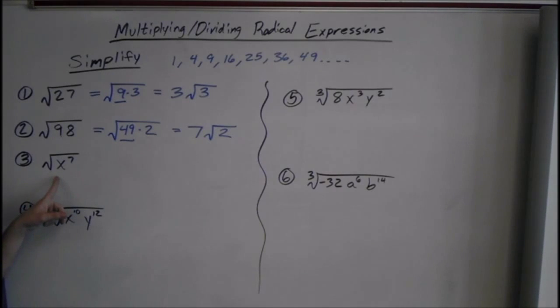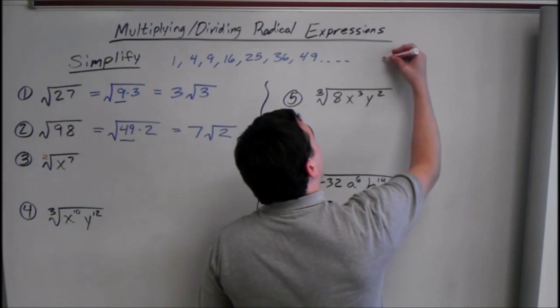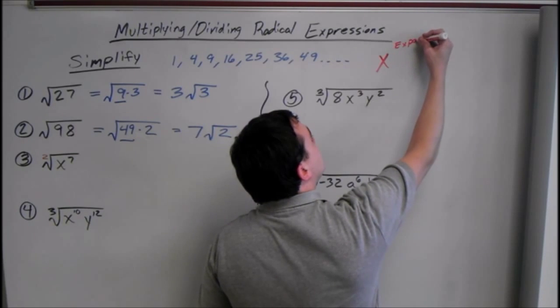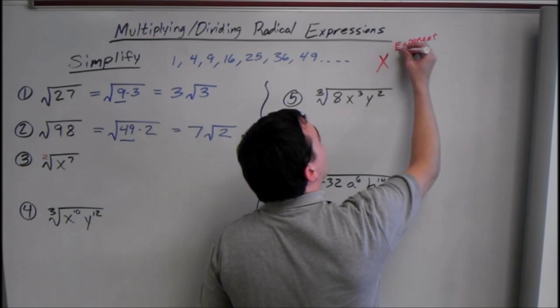You can do the same thing with letters, with exponents. We know if there's no number up here, that means a 2. And the best way to look at these is by converting it into a fraction, because we know it's exponent over the root.